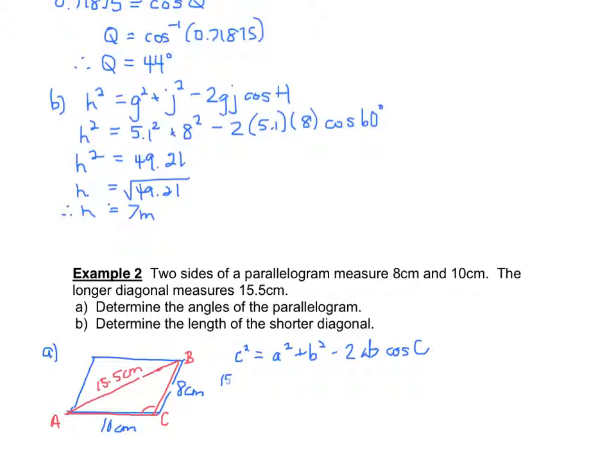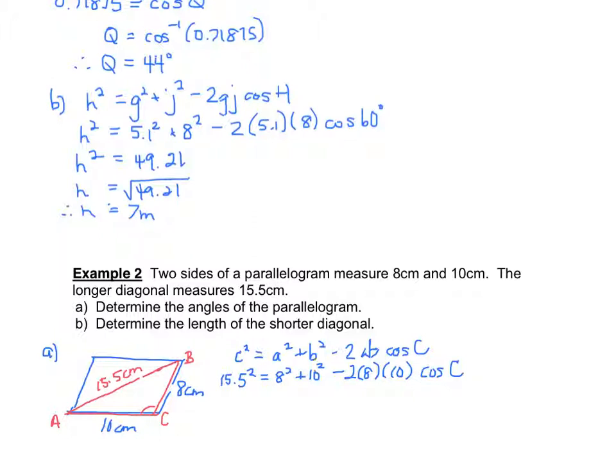Side C then is 15.5 centimeters, A is 8, and B is 10. Minus 2 times 8 times 10 cos C, which is what we're looking to find.